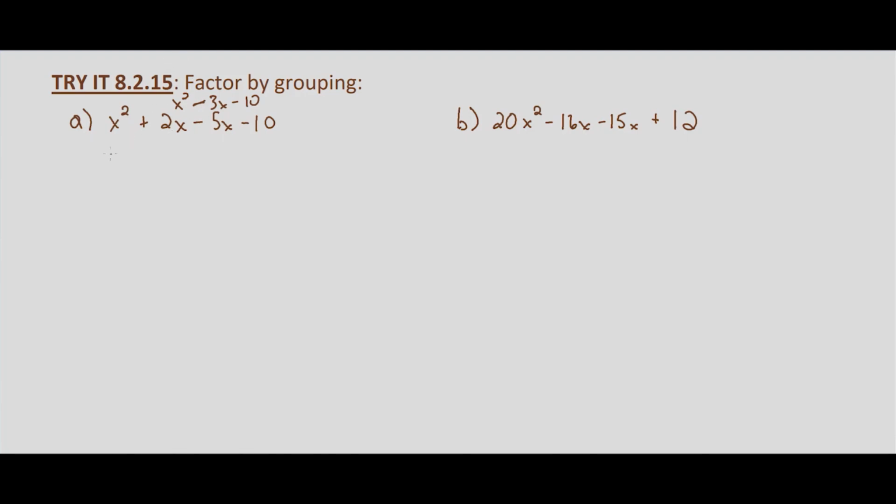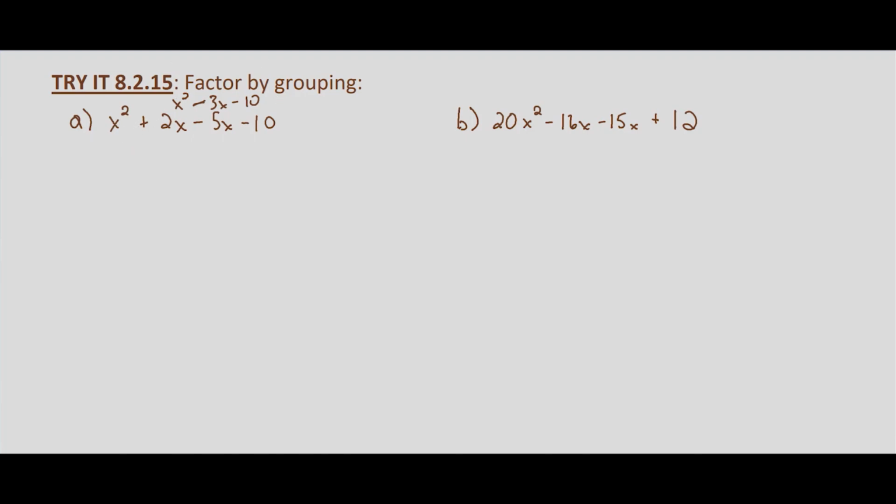We could rearrange this to be x squared minus 5x plus 2x minus 10 as well. It's the same polynomial, and it all comes out in the wash. And I'll show you that that would actually work as well after we look at factoring by grouping.